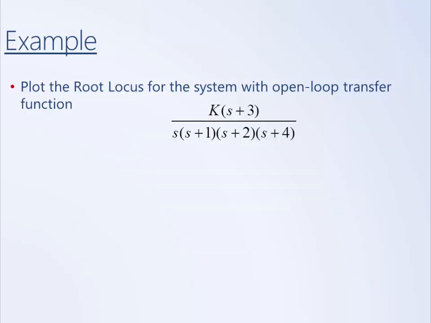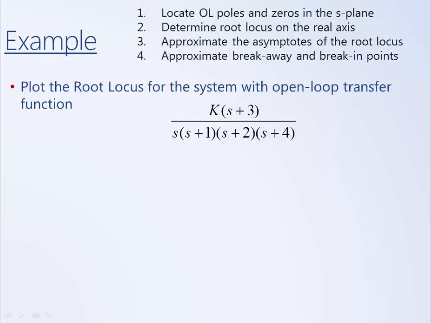Okay. At this point, we'll go ahead and do another example. Recall step 1, locate the open loop poles and zeros. So this is the open loop transfer function. It has this constant k that we want to find how the closed loop poles vary with.